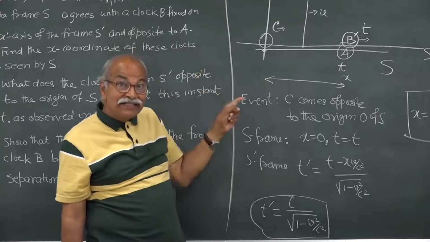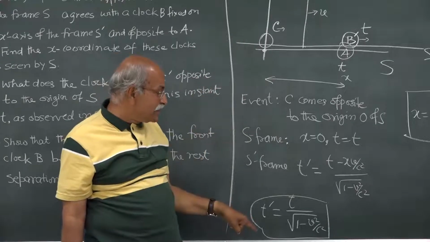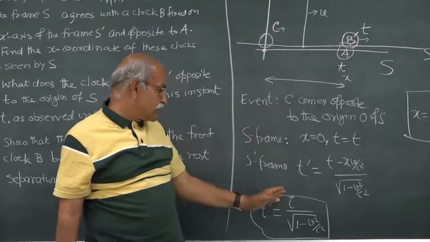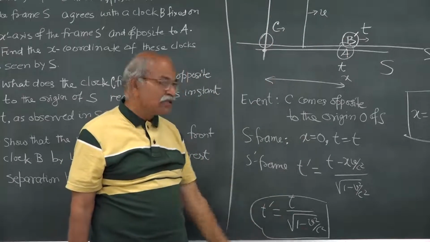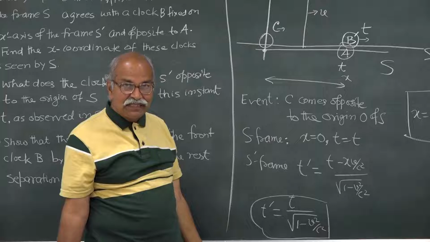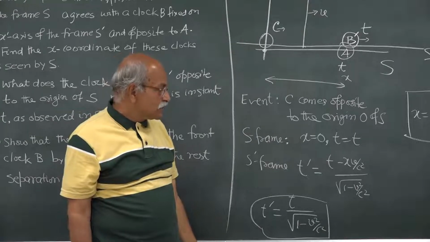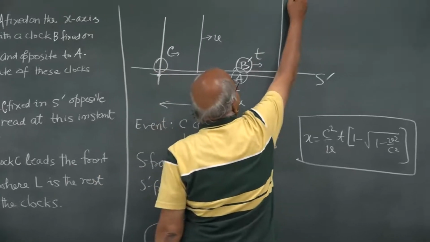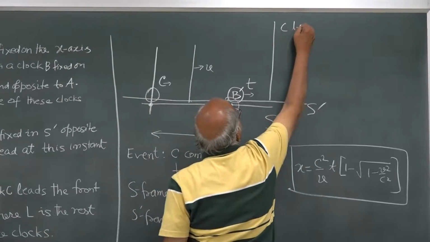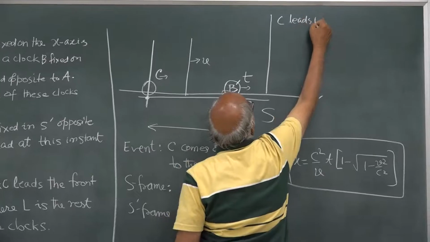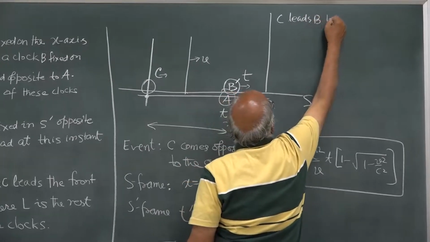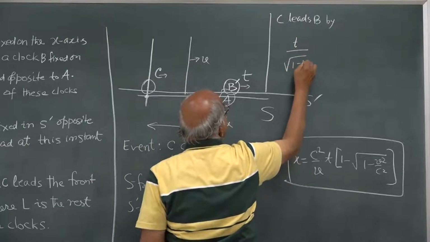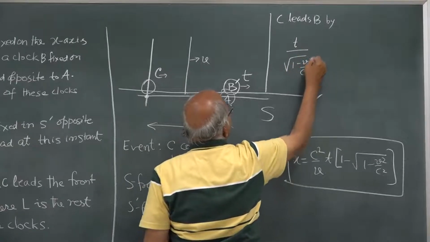Rear clock leads. By how much does it lead? You can subtract: this reads t and this reads t divided by this much. So let me write it here. C leads B by t divided by square root of 1 minus v square by c square, minus t.